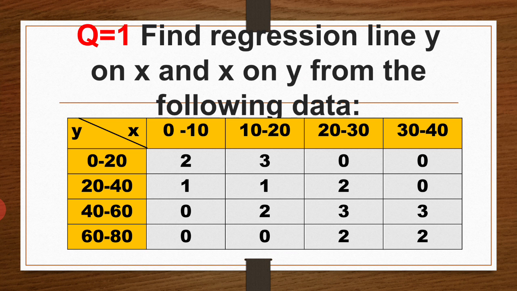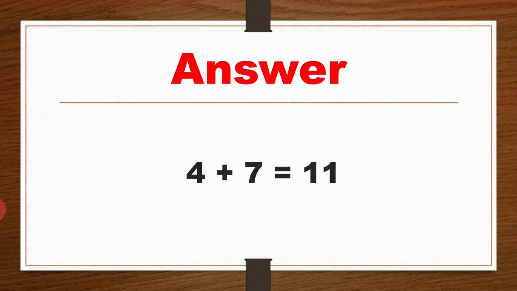So 4 is the number of classes given in the question, plus 7 is the fixed number. We discussed that 7 is the fixed number in the correlation chapter also. So 4 plus 7 means 11, so 11 rows and 11 columns. First of all, draw 11 rows and 11 columns.